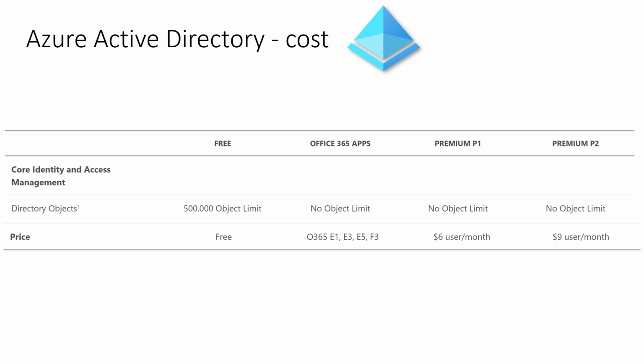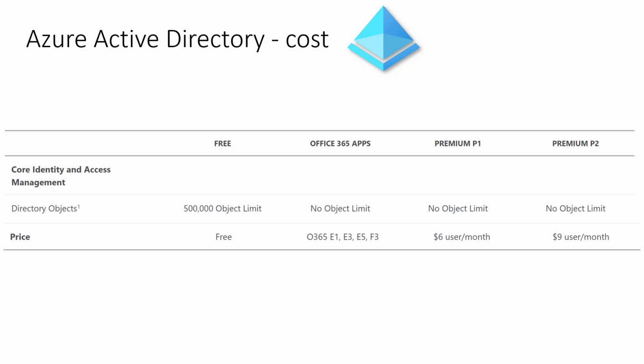Now let's talk about some cost aspects when it comes to Azure Active Directory or identity services in the Azure cloud. So you can start using Azure Active Directory for free. It's very important to mention that we can leverage Azure AD to secure our corporate applications for free. But obviously, there are some limited features under the free license.